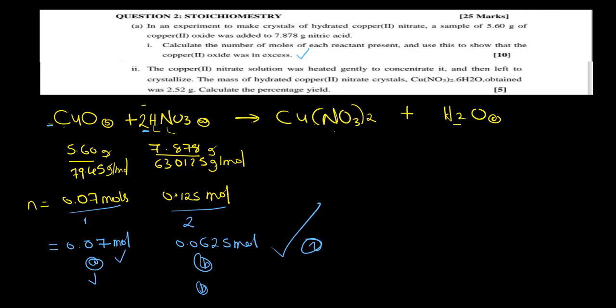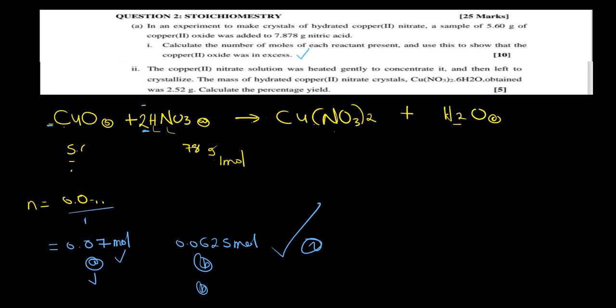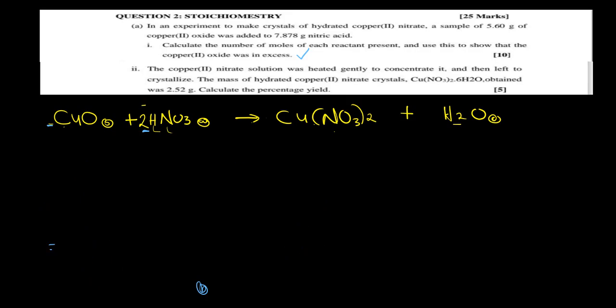All right. So now we are here to solve question 2, which says the copper nitrate solution was heated gently to concentrate it and then left to crystallize.